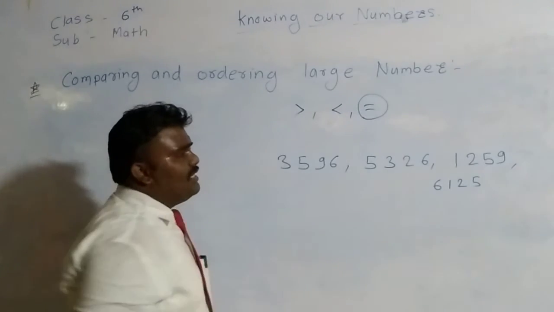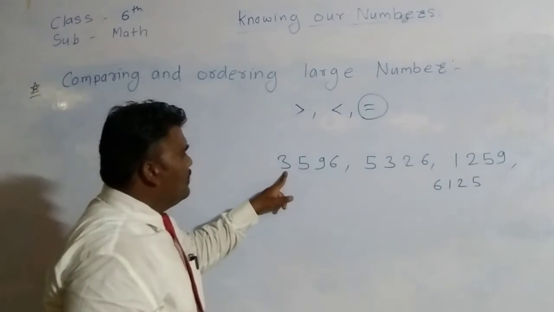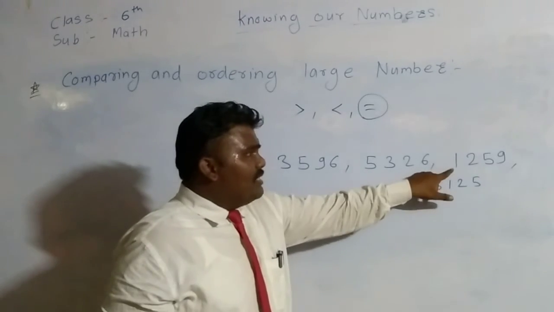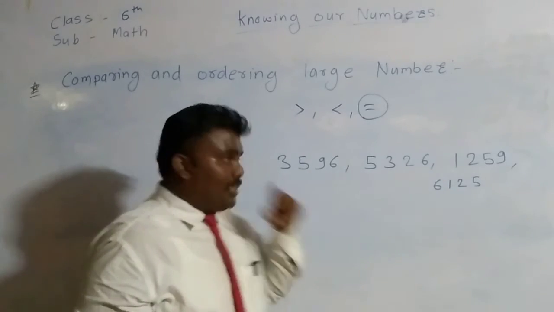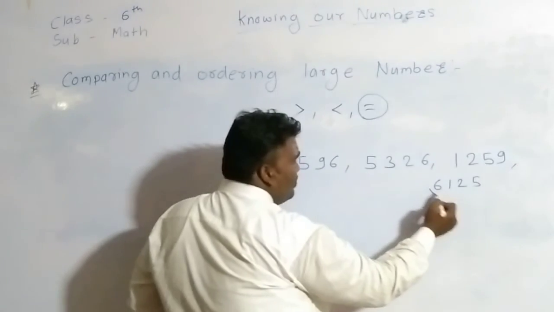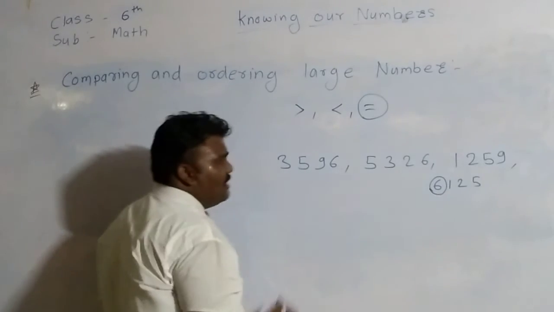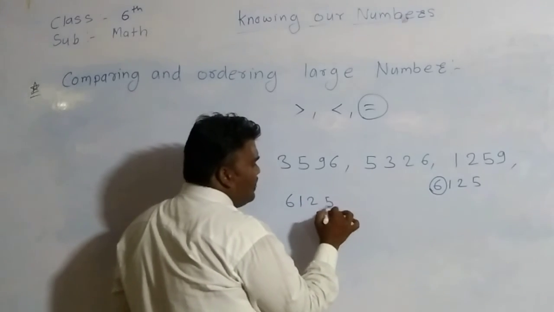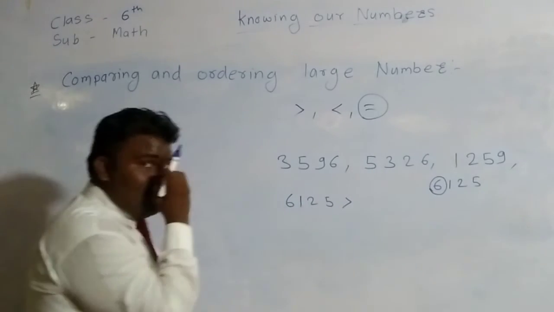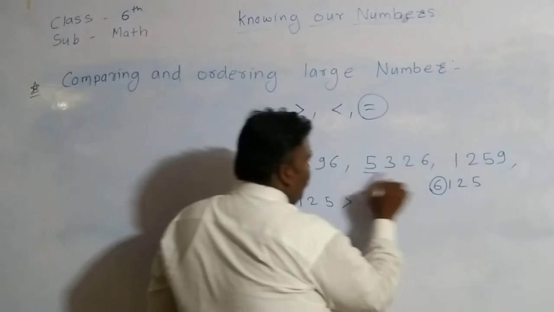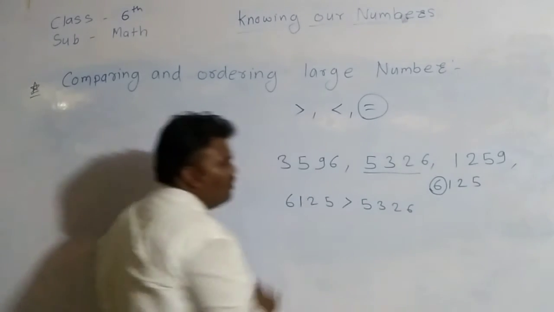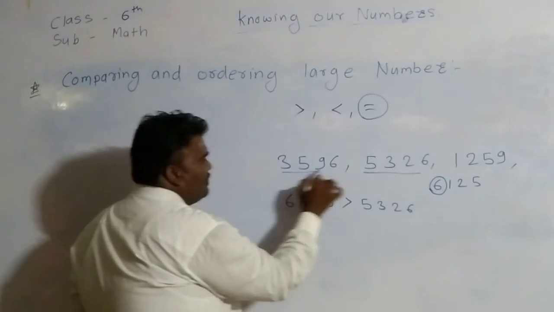So which one is the greatest? Here it is 3,000, here it is 5,000, this one is 1,000, and here it is 6,000. So the place value of 6 is 6,000. So 6,125 is greater than which number? Then 5,326. And this 5,000 is greater than this number.